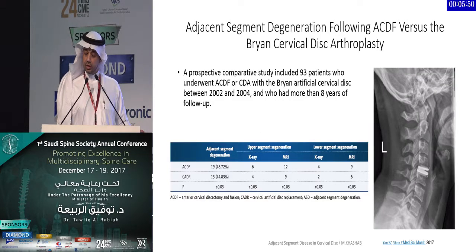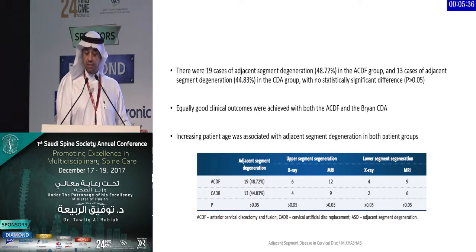Adjacent segment disease was also looked at in this prospective analysis, with 93% of patients followed up for 8 years, comparing the Bryan cervical disc with an ACDF. They found that 19 patients developed adjacent segment disease in the ACDF group, compared to 13 patients in the disc replacement group.